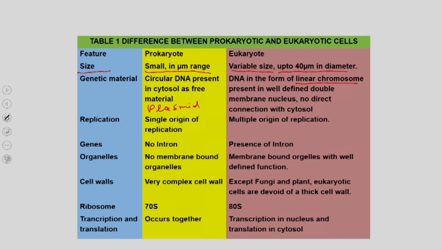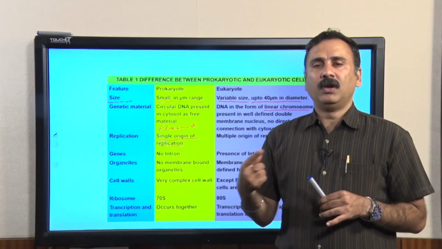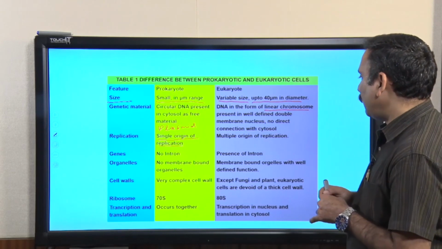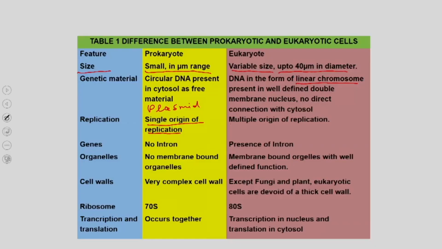As far as replication is concerned, the prokaryotes replicate with a single origin of replication, which means that the chromosomal DNA has a single origin of replication, and using that origin, it synthesizes the whole genome. Whereas in the case of eukaryotes, you have multiple origins of replication, and that is important because once you have multiple origins of replication, you can complete the replication in a very fast process.